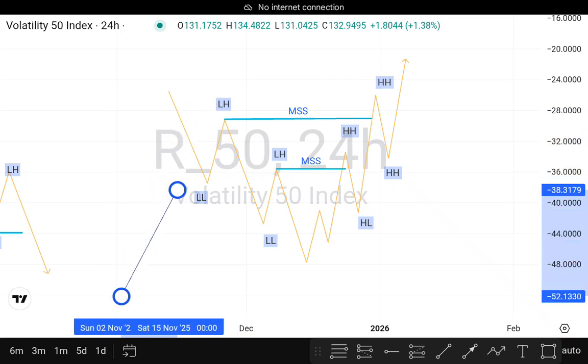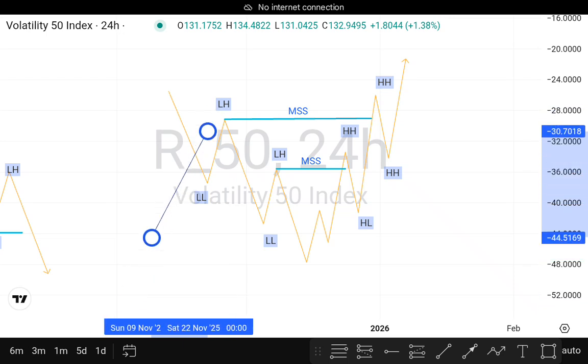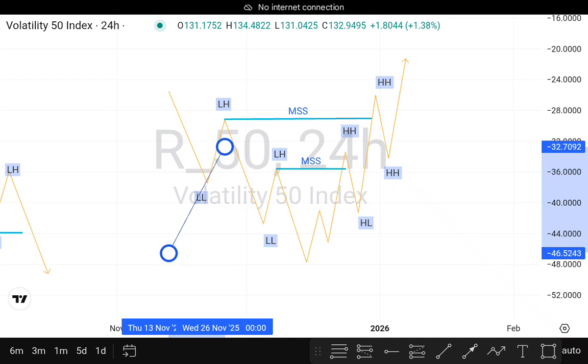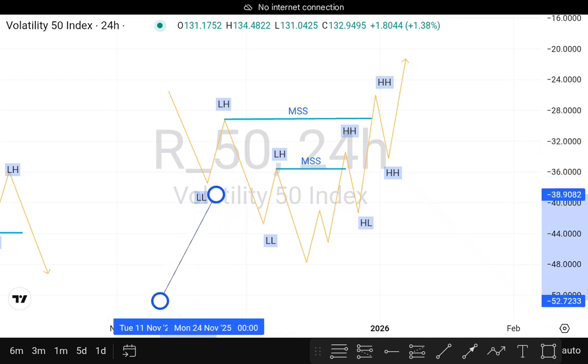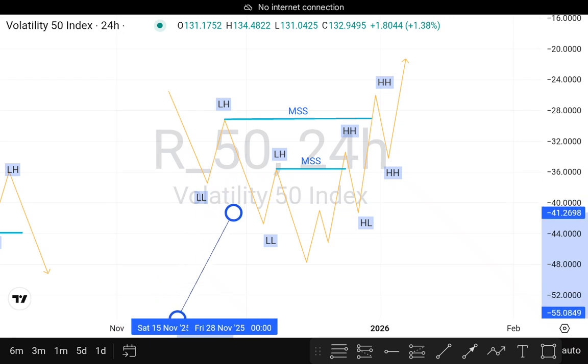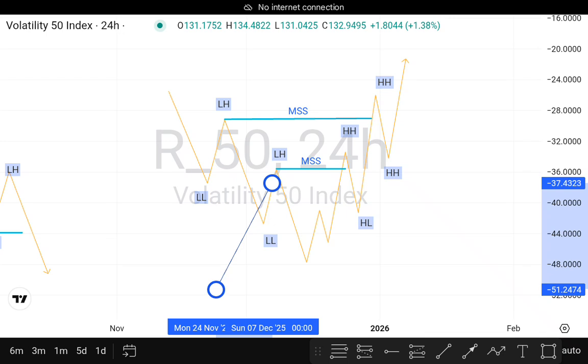That's how we see that now we are in a downtrend, guys. We must have a lower low and a lower high, and then this lower high created a new lower low, which is lower than the previous lower low, and then this lower low created this lower high.